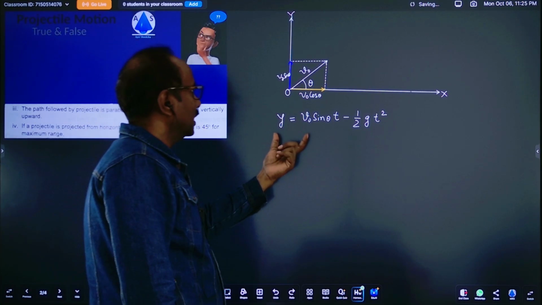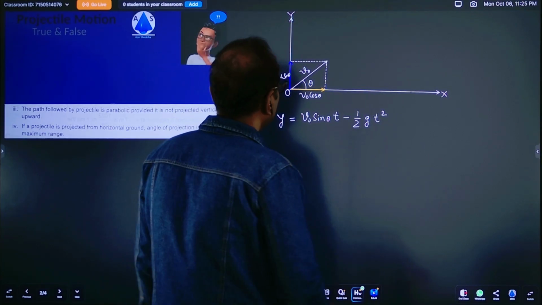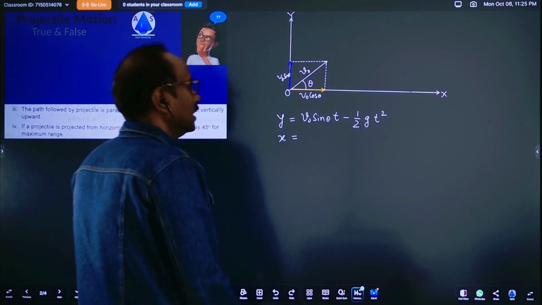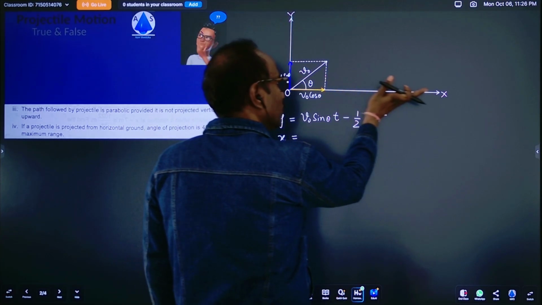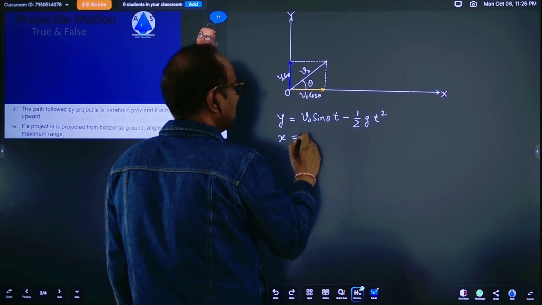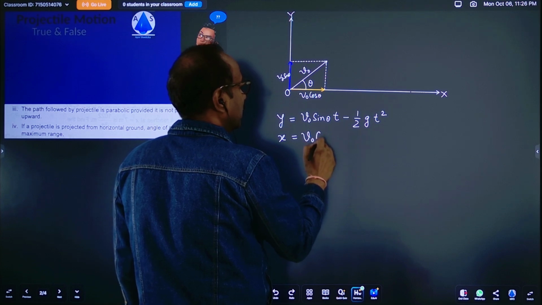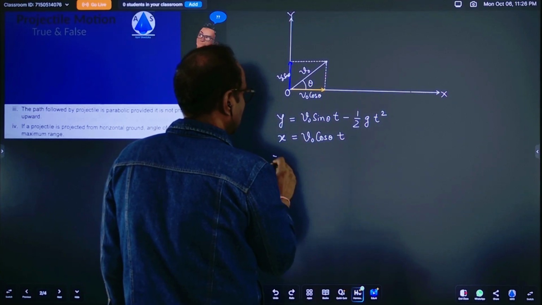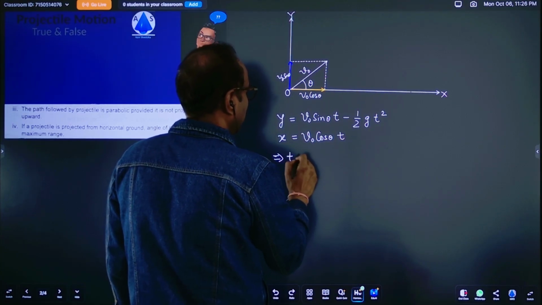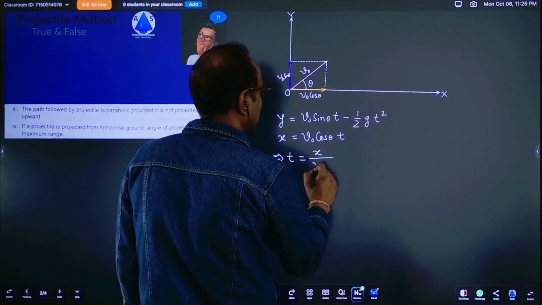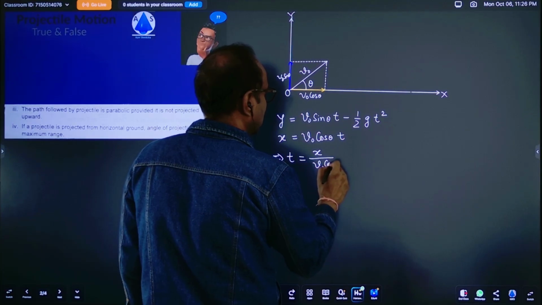What will be the position of the particle in the x direction at time t? In the x direction there is no acceleration, so velocity will be constant. It will be v naught cos theta into t. So t will be x by v naught cos theta.